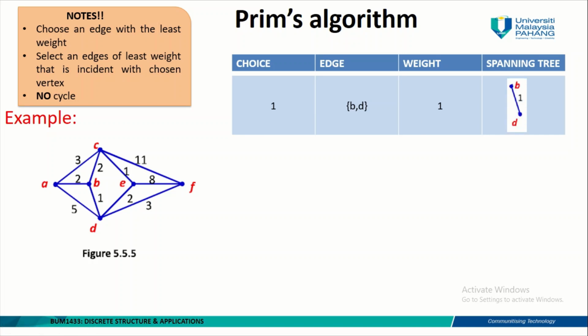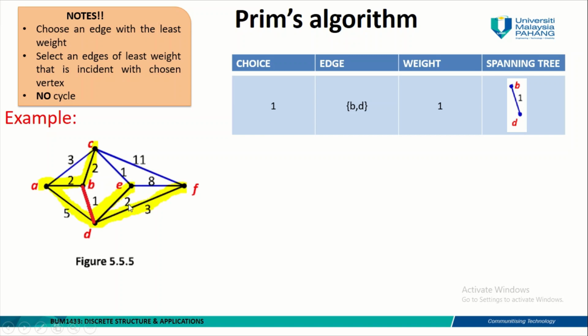For the second choice, we need to choose the second edge by selecting an edge of the least weight that is incident with the chosen vertices. The chosen vertices are B and D, so we need to see what is incident with B and D. B is incident with C, A and also D. D is incident with A, E and F. We choose the least weight from these incident edges, which is 2.